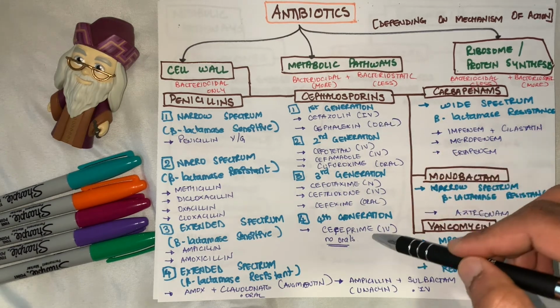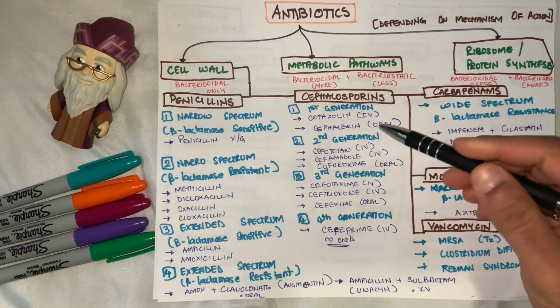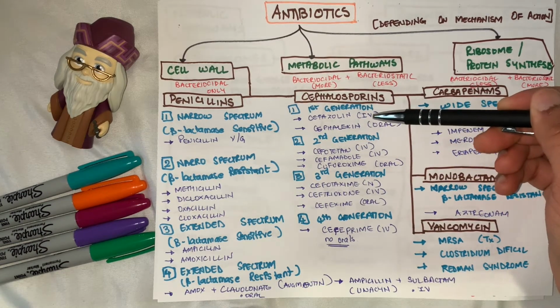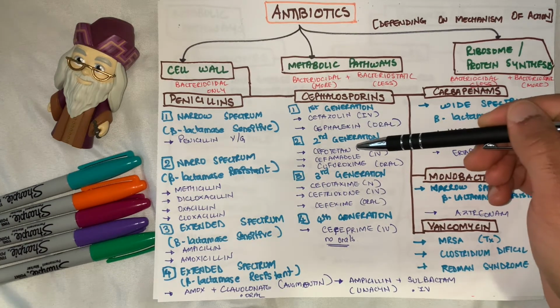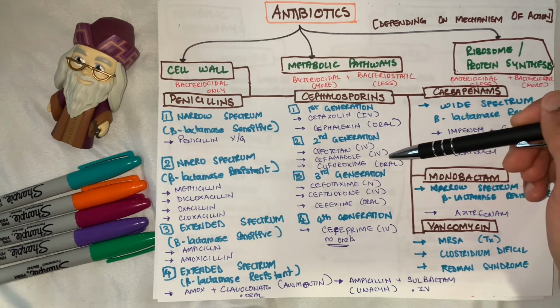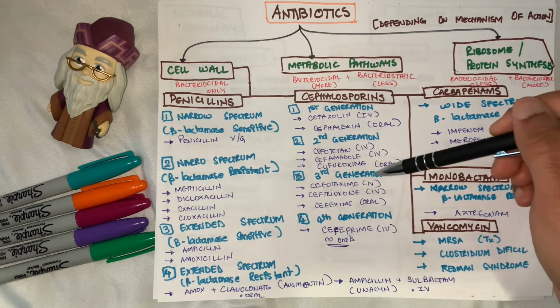These drugs are very important to remember. First generation, we have cefazolin given IV, cephalexin given oral. Second generation, we have cefotetan given IV, cefamandole given IV, and cefuroxime given orally.